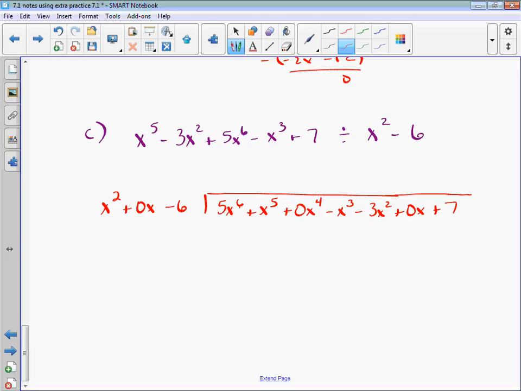Your first term here would be 5x to the 4th, right? So you multiply 5x to the 4th with that, that's fine. If you don't have that placeholder there, you're going to get negative 30x to the 4th. That clearly does not line up. So you want that placeholder there, just so you don't screw it up.